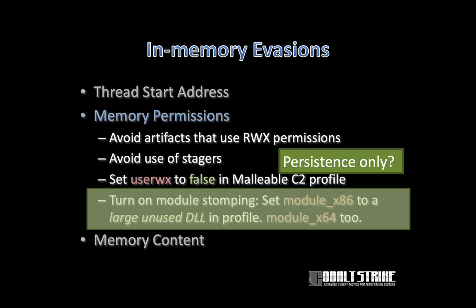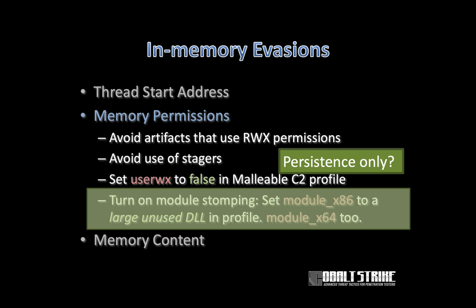The other risk with module stomping is that you choose a stomped module that is too small. If you do this, your Beacon will crash when it's trying to write itself in to that module's memory space. So keep that in mind as well.